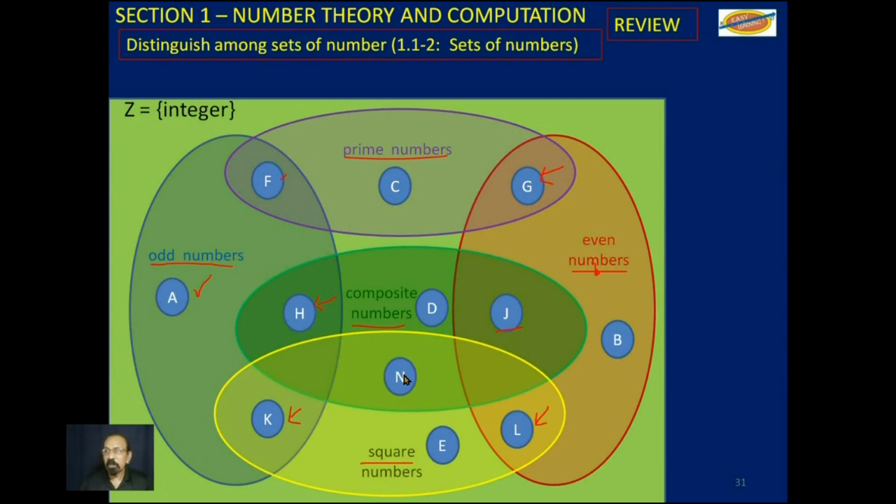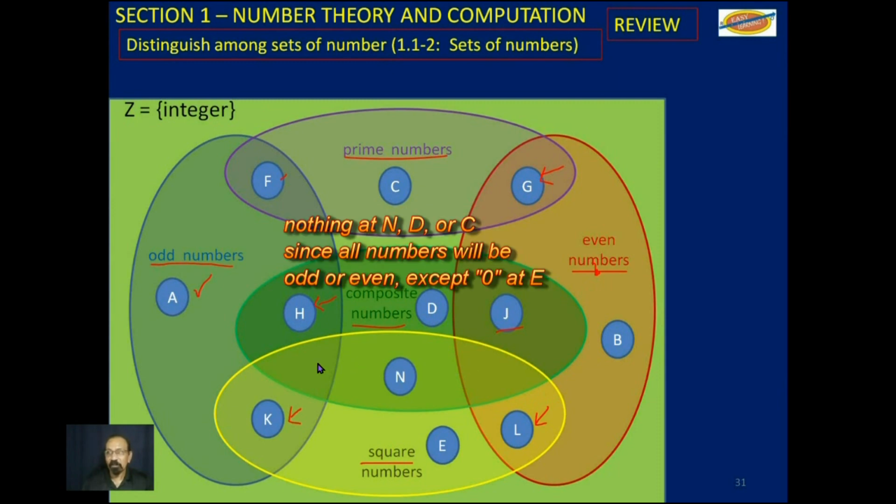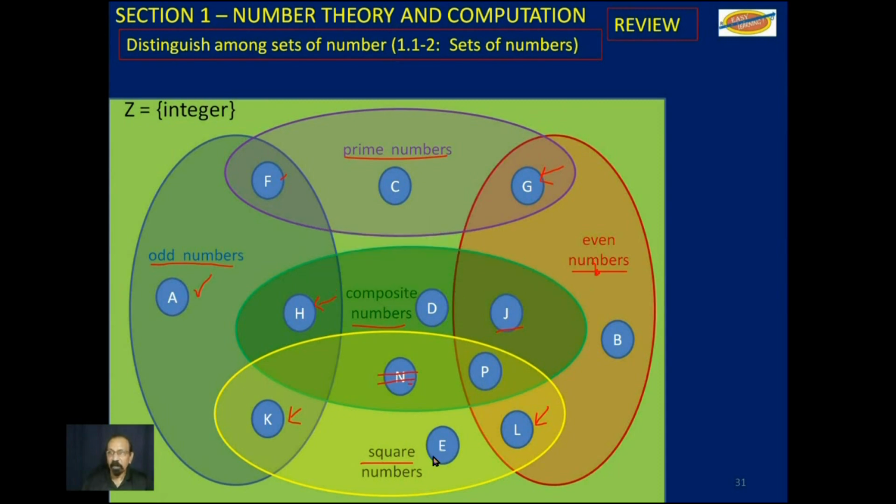N, it must be composite and square. But you know, we wouldn't have anything there as N because it would either be even or odd. So we really wouldn't have anything in N. Now P, it would be even, it would be square, and it would be composite. That's P. And of course, R will be odd, composite, and square.